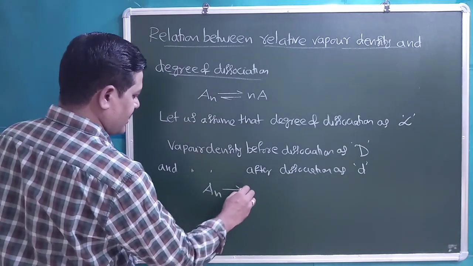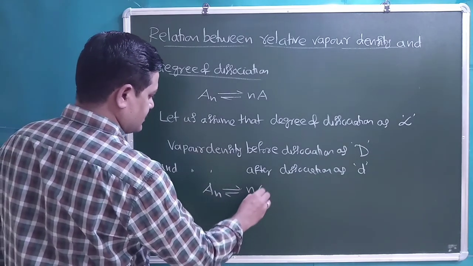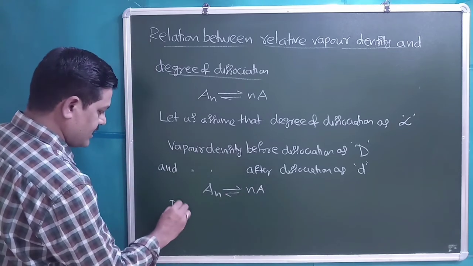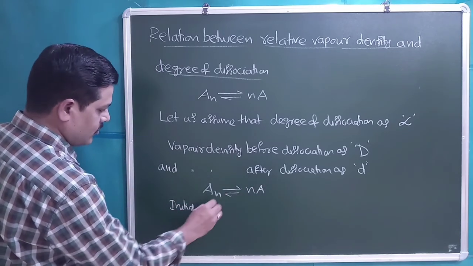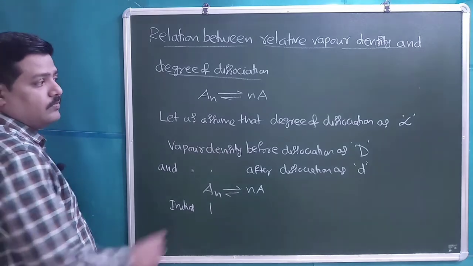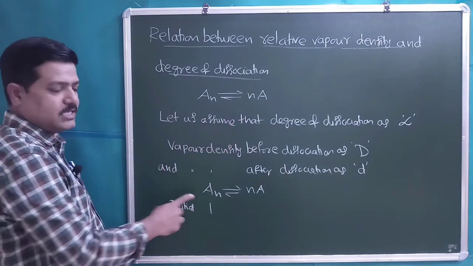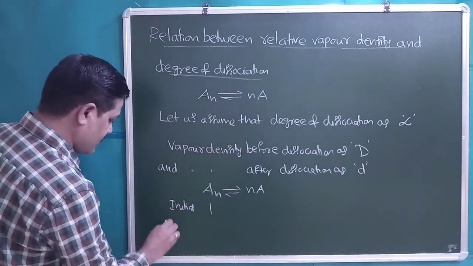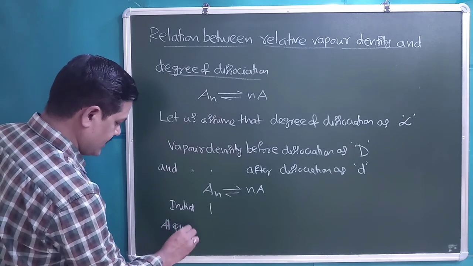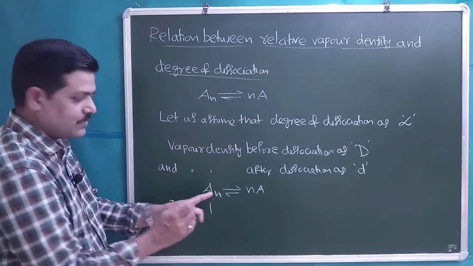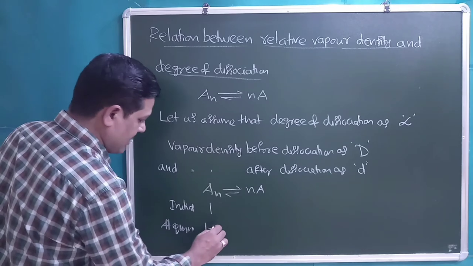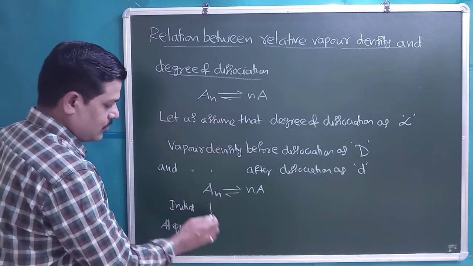Students, let us assume the initial moles of AN is 1 mole. When we assume degree of dissociation as alpha, at equilibrium the number of moles of AN is 1 minus alpha, because alpha moles are dissociated out of 1 mole.